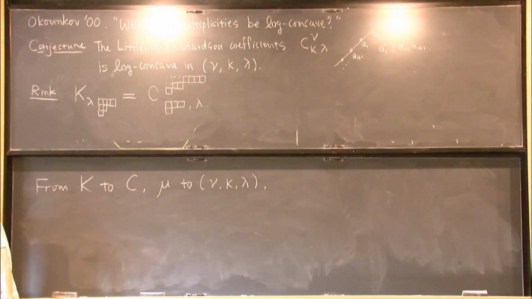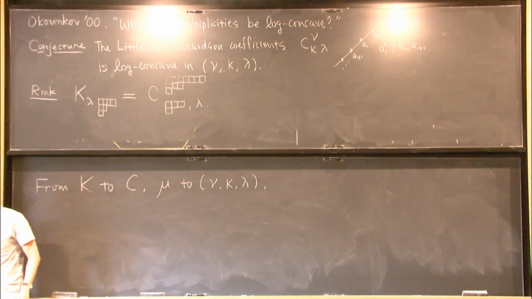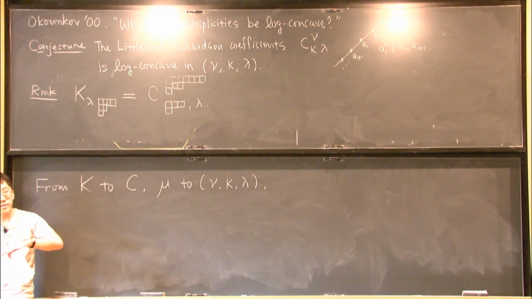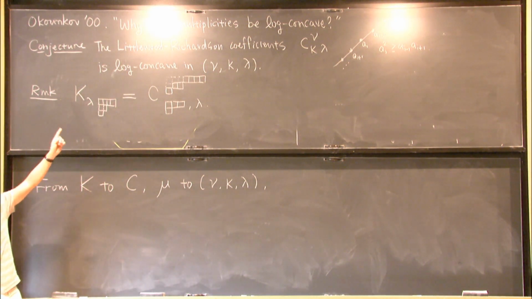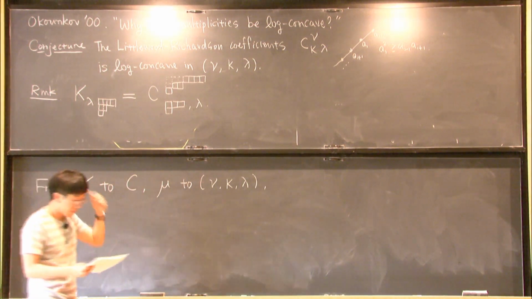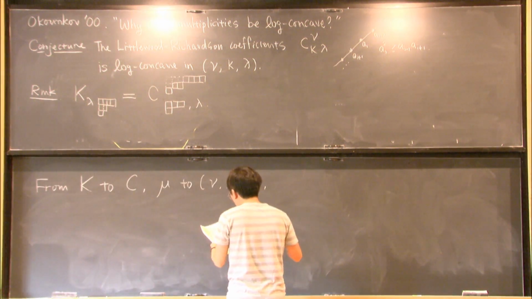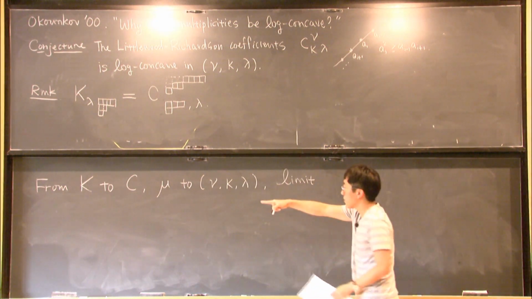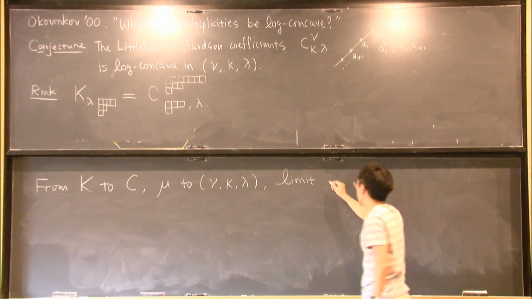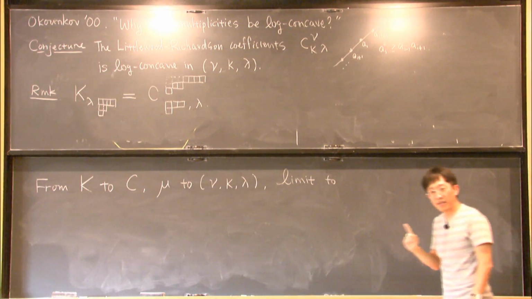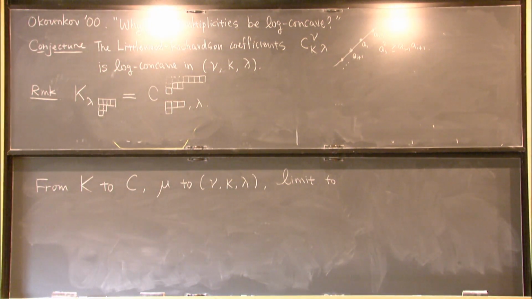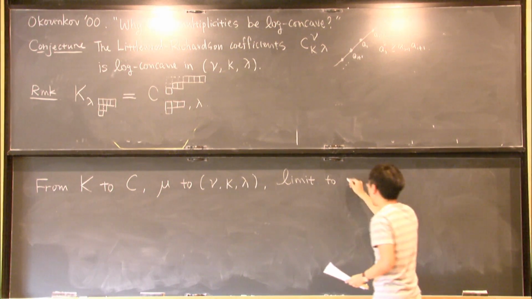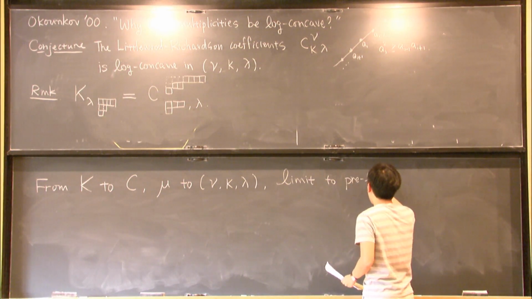So here, the log concavity of the function that you're interested in has mu as a variable. And lambda is fixed. And you vary mu. Here, he is moving all the parameters. And most importantly, he moved away from the so-called classical limit. So I'm not entirely sure what's the opposite of classical limit. So let me just say, before taking the limit.